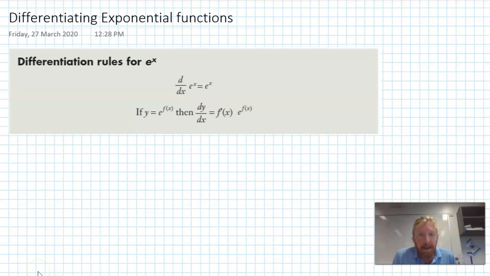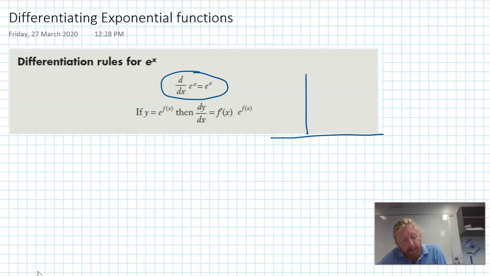Hello, welcome back. Today we're going to be differentiating exponential functions, okay? We've done a little bit of this before, and we know that the derivative of e to the x is e to the x. And that was because it was a very unique function where its gradient was actually its value.